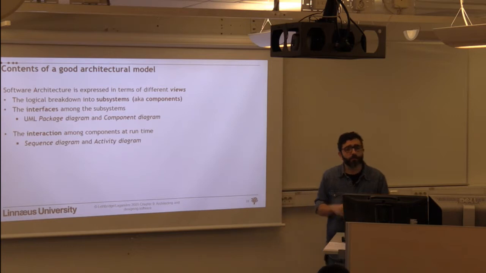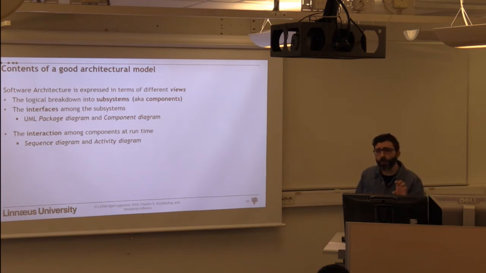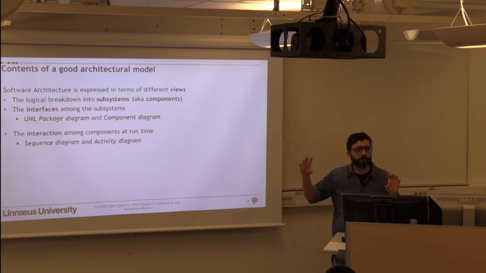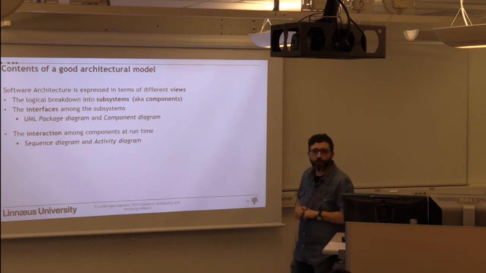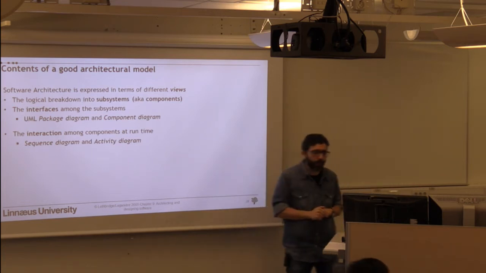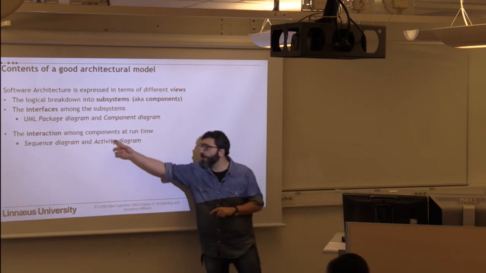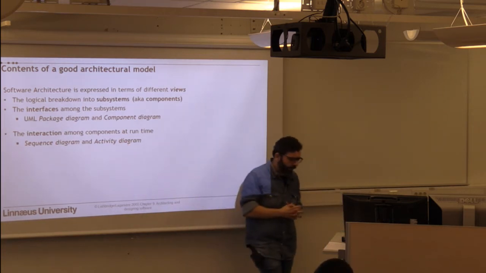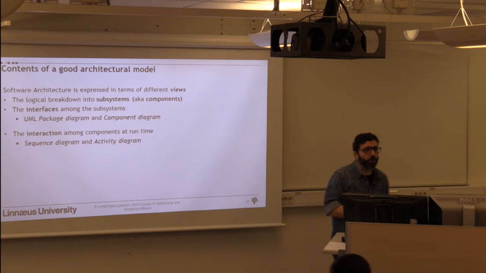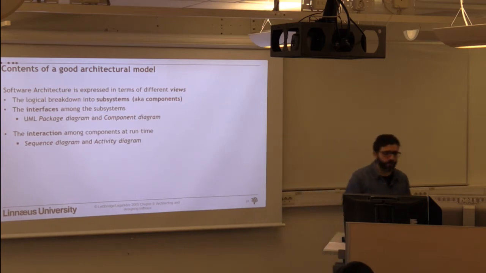By using these different diagrams, you can define how one specific component will interact with other components, the temporal exchange of messages between the two, and how the activities, for example those involved in a workflow, are accomplished among the different subsystems.